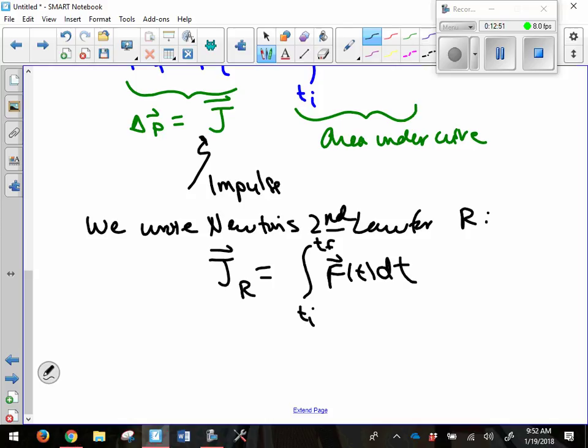Because that's what I figured out. That's what I was doing all of this calculating for. R is what I named the object on the right. The other object is L for left.